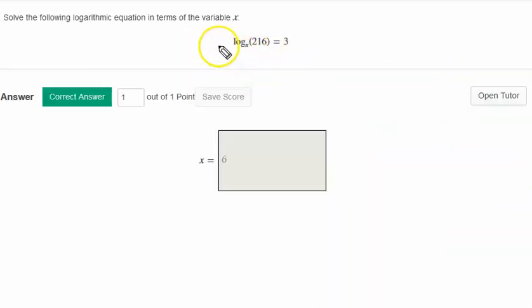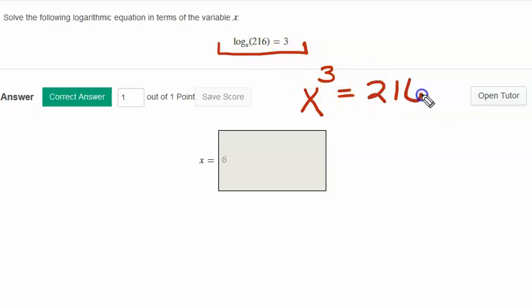Here we're asked to convert this to its exponential form and then give a value for x. Well, in its exponential form, x is the base that's raised to the third power, and this is the answer. Now, what raised to the third power is 216?